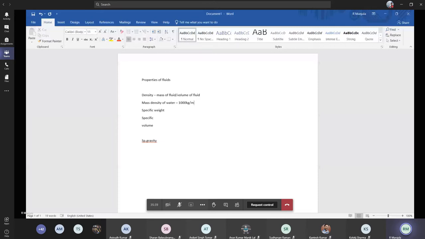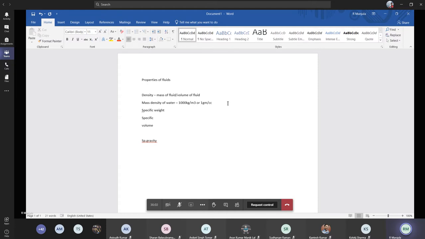What is the mass density of water? Either 1000 kg per meter cube or 1 gram per cc. CC means cubic centimeter, right? Okay, so this is the mass density of water.